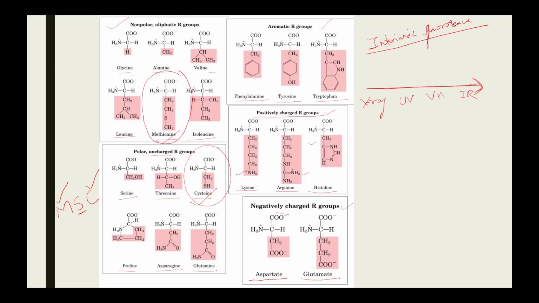Here we can say the wavelength of the light increases as we go further, but the energy increases in the opposite direction. Or you can say, the higher the wavelength, the lower the energy of the light.